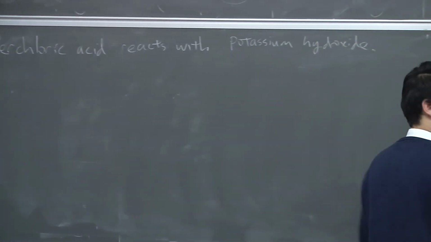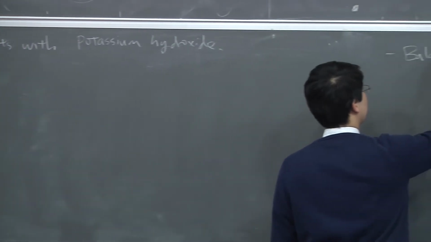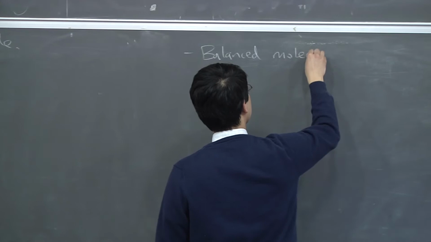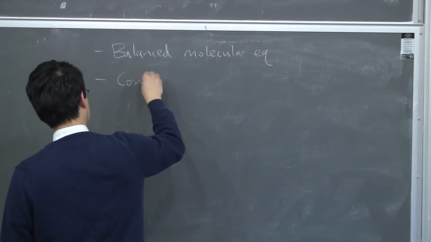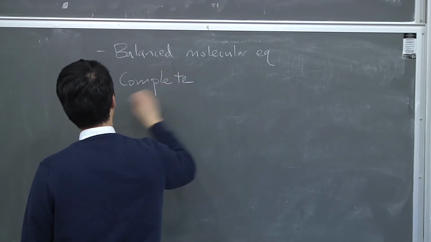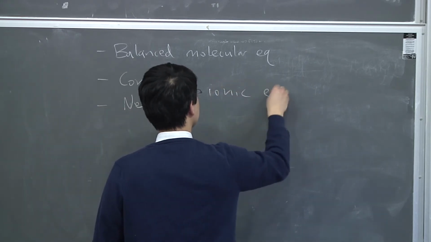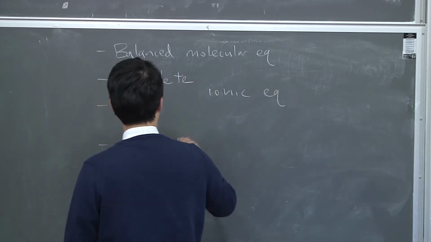And so we're going to do the same thing. We're going to write a balanced molecular equation, write a balanced plain old equation. We're going to write a complete and net ionic equations and identify the spectator ions.